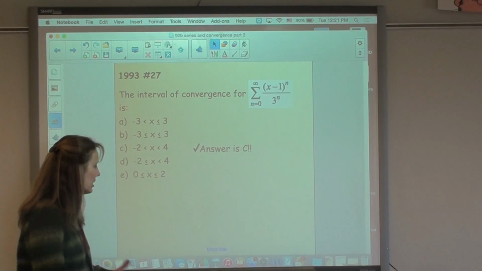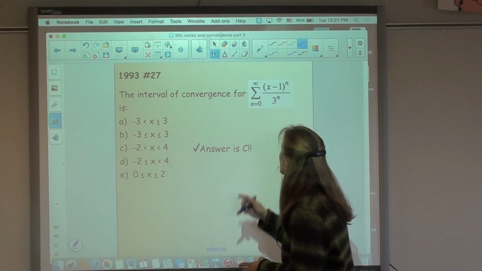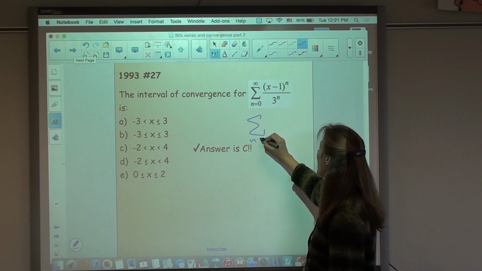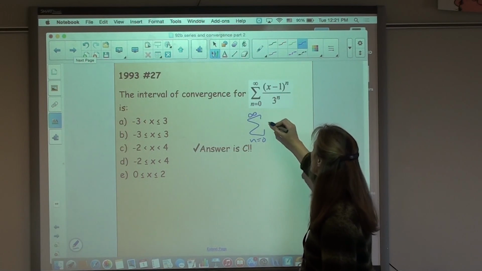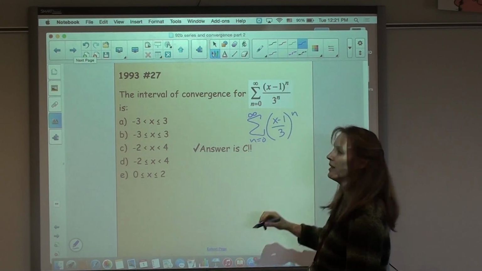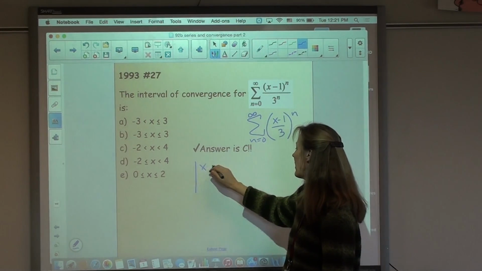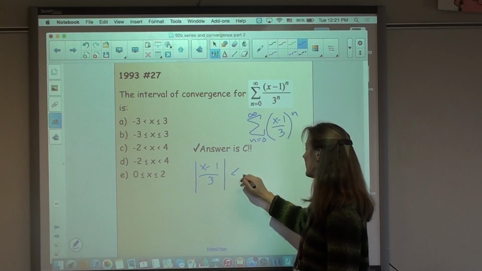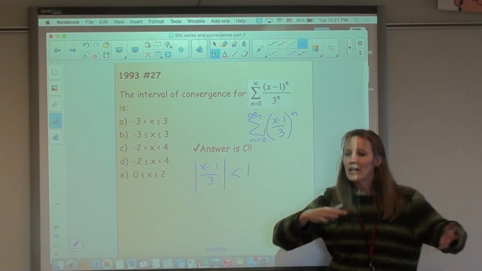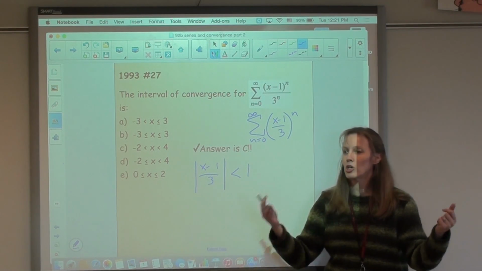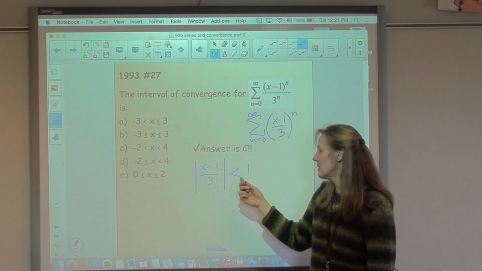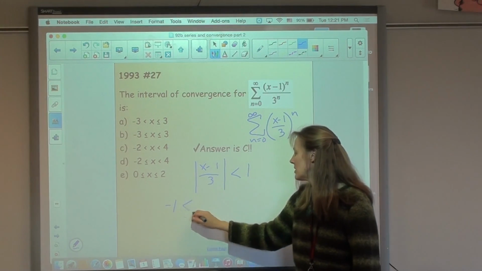I saw a few issues with setup. Be careful when you're doing this that you think of this as the sum of ((x minus 1) over 3) to the n. So you get the absolute value of (x minus 1) over 3 less than 1. As long as it's linear, you don't have to do that whole sign line thing. Don't start going there for everything. If it's a less than, you can just jump right to this.